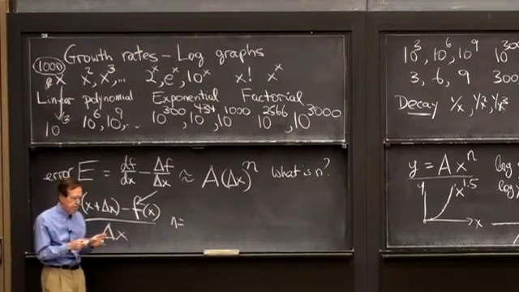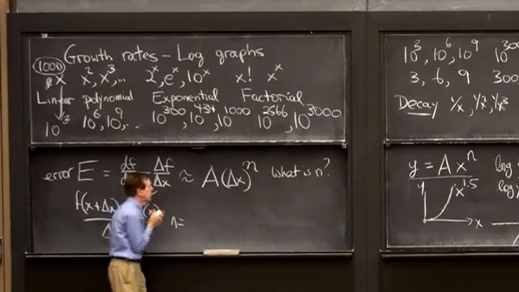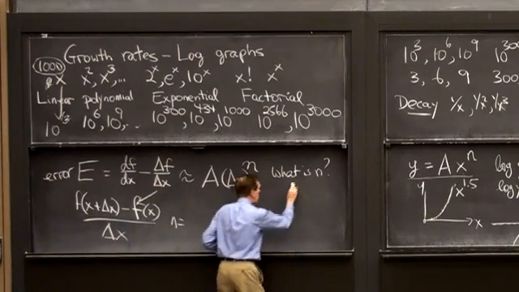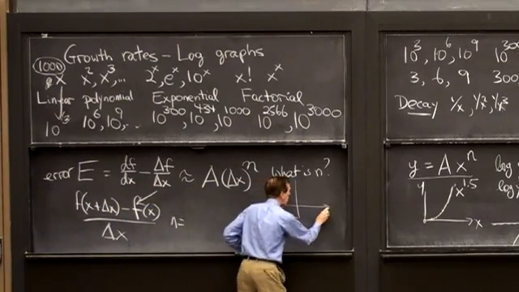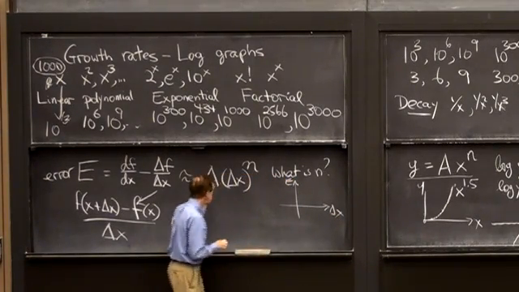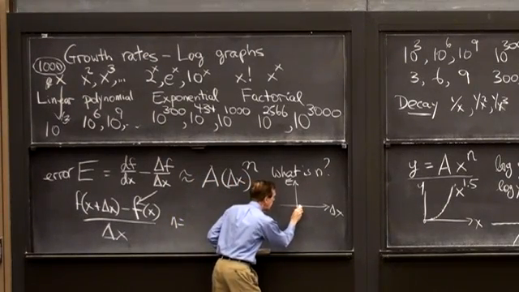Let me connect it to my picture stuff. If I tried to graph this, I'd have a graph. Here's my delta x and here's my e. This difference, as delta x goes to 0, it goes to 0. If delta x is small, e is small.